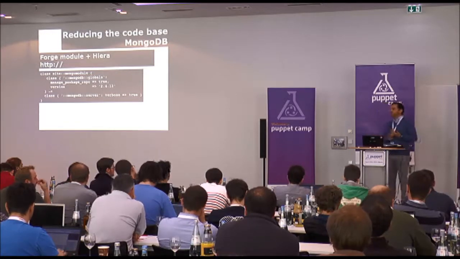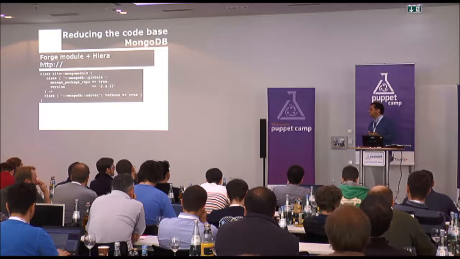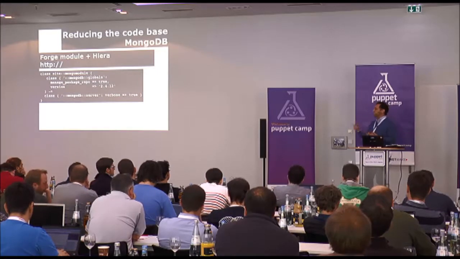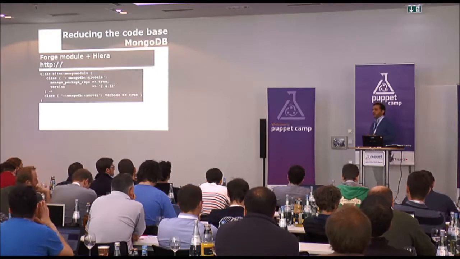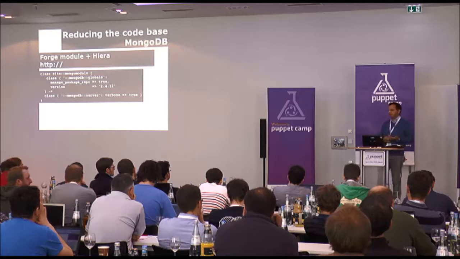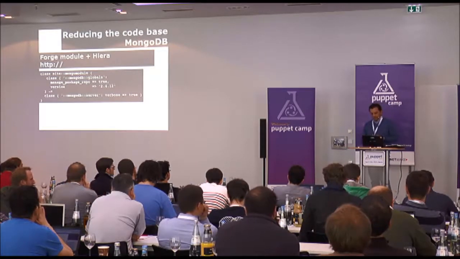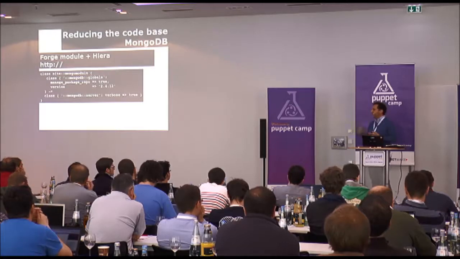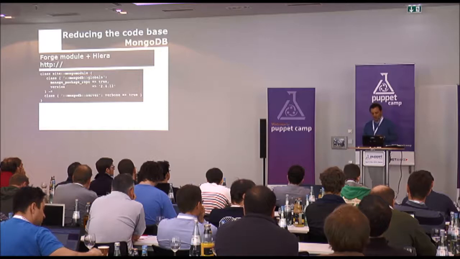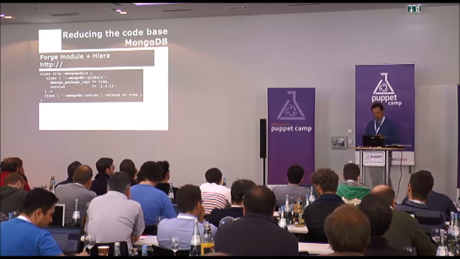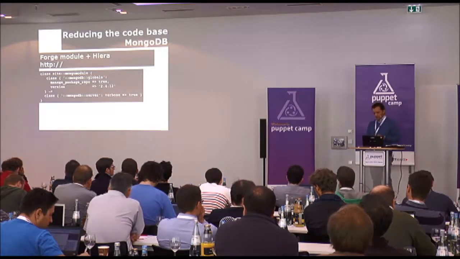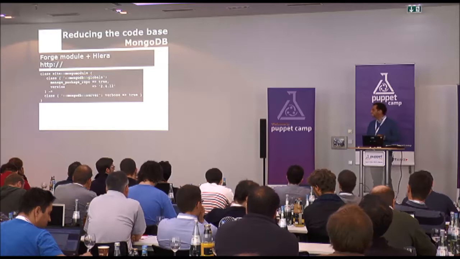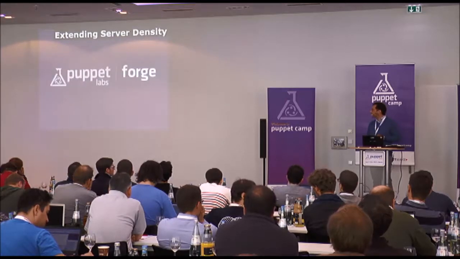Some of the modules are even supported by Puppet Labs themselves, and in this case, the MongoDB module is actually supported by the vendor, by MongoDB themselves. Which is very good. If you have a maintenance contract, for example, you can actually tell them that you are using their module, and they will help you out with that. So that was reducing the code base with Mongo and the Forge.